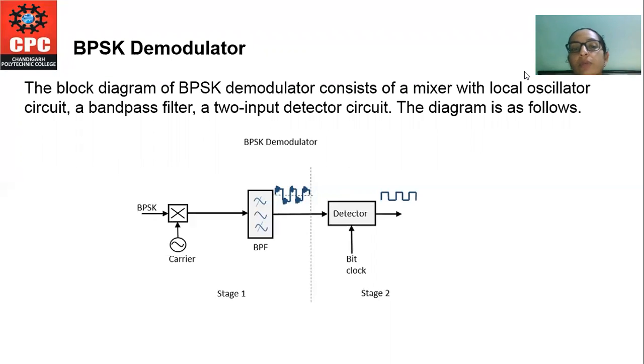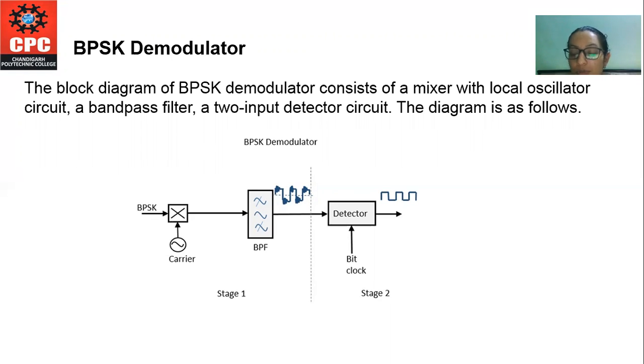According to the block diagram, the BPSK input signal is cleared at the output, and the coherent carrier recovery circuit detects and regenerates a carrier signal that is coherent in both frequency and phase with the original transmit carrier.